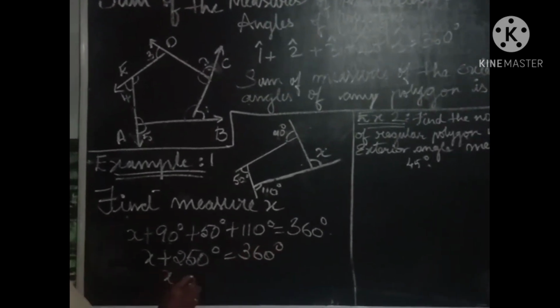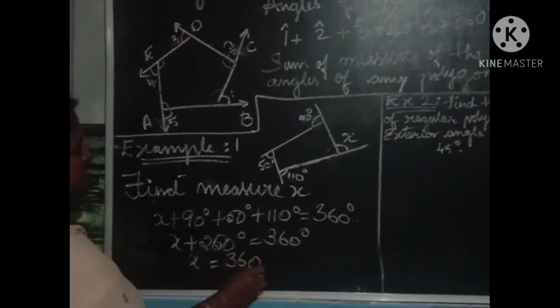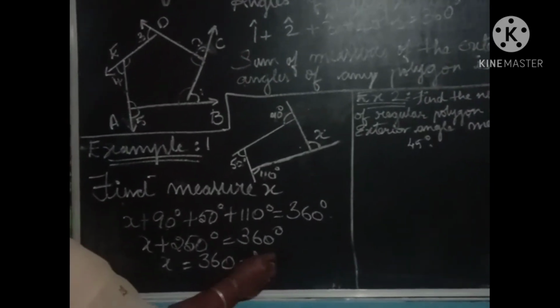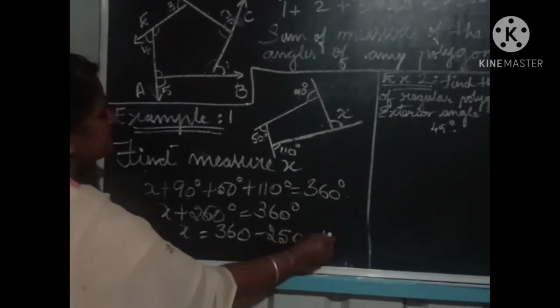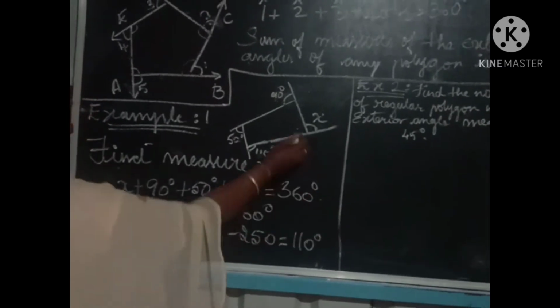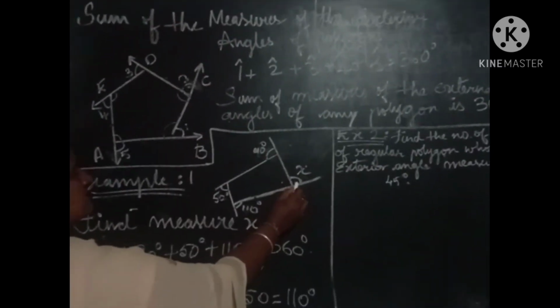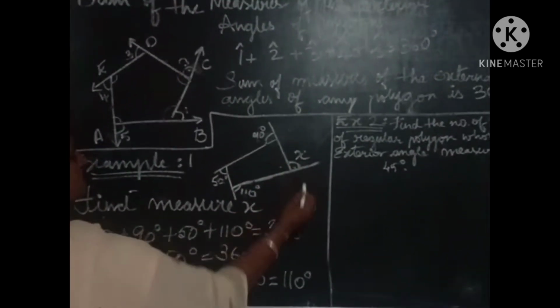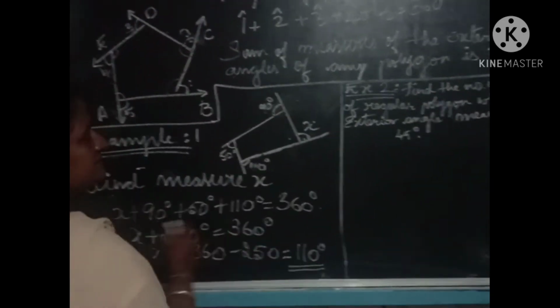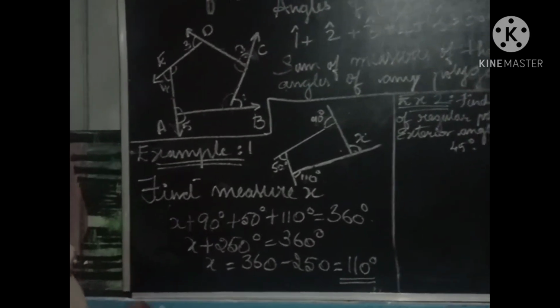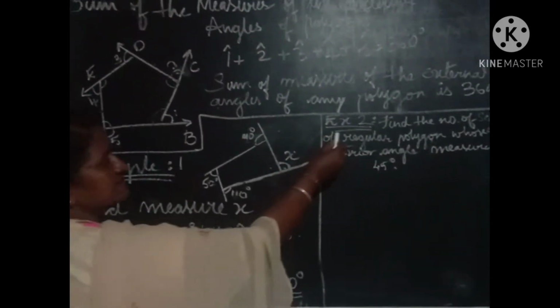Now x is equal to 360 minus 250, which is how much? 110 degrees. That is the exterior angle of the four-sided polygon. Okay, children, now let us see example 2 here.